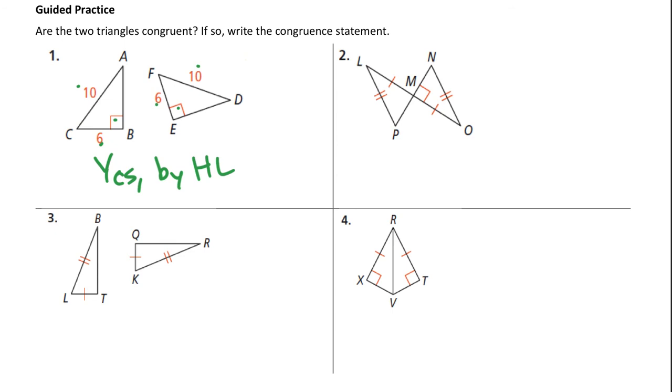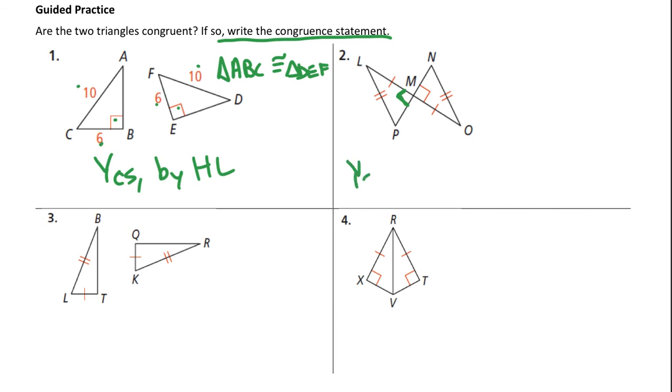So writing the congruence statement for these two triangles. Triangle ABC would be congruent to triangle, and it's important that these sides match up, DEF. Okay? So if they're congruent, write a statement. That's what we're doing. All right? Number 2, these two triangles are right because these angles are vertical angles, so they'd both be right angles.